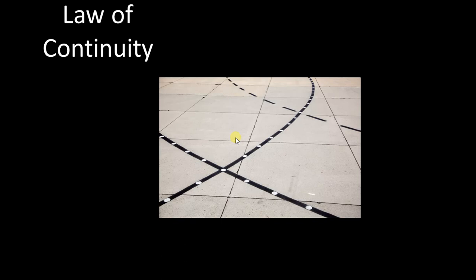According to this law, when there is a group of objects which are joined together or which are continuous, then we easily perceive them. Here you can see different lines. You can see 2 lines which are continuous with some white bigger dots. They are continuous.